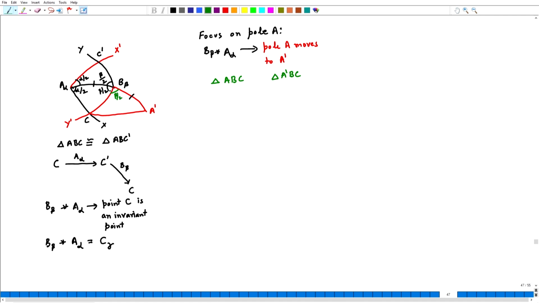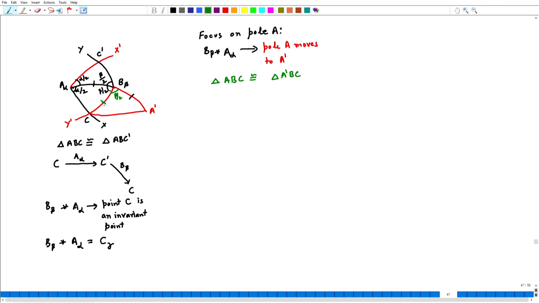The other thing, there is a common side as well. So, now I have two spherical triangles in which two sides are equal and an included angle is equal, and therefore, the two triangles ABC and A prime BC have to be congruent.